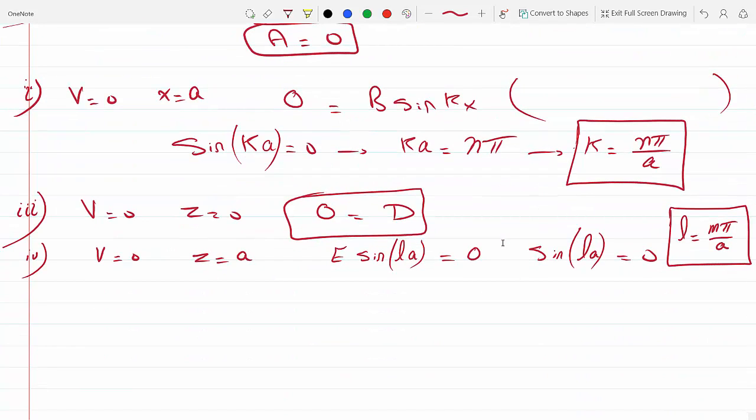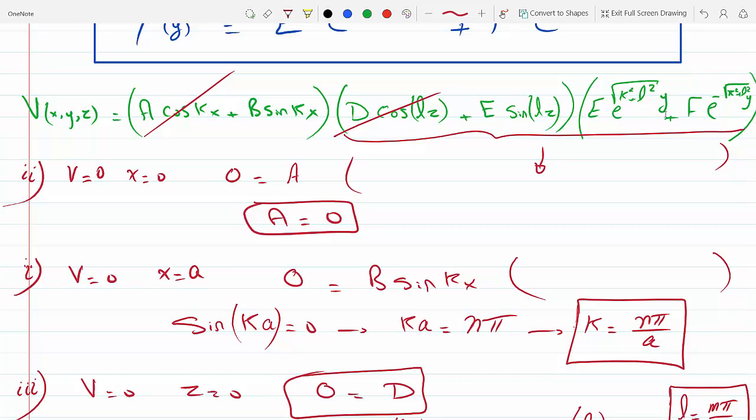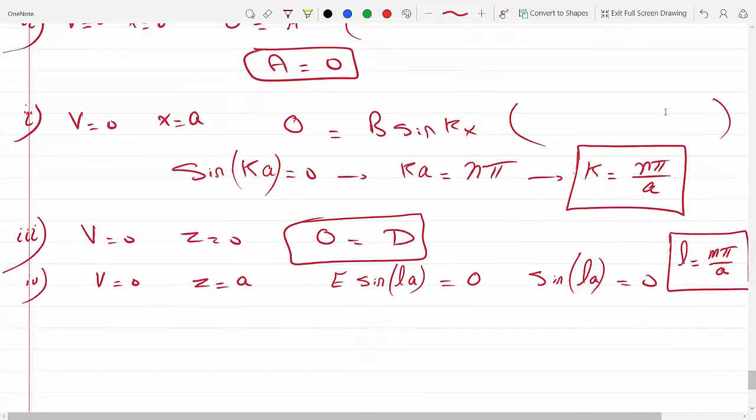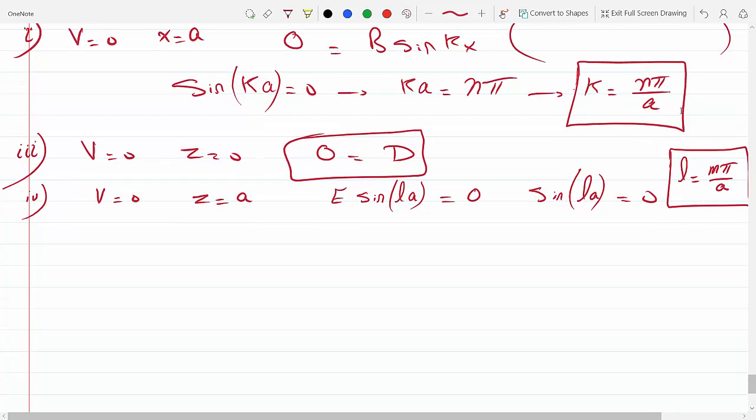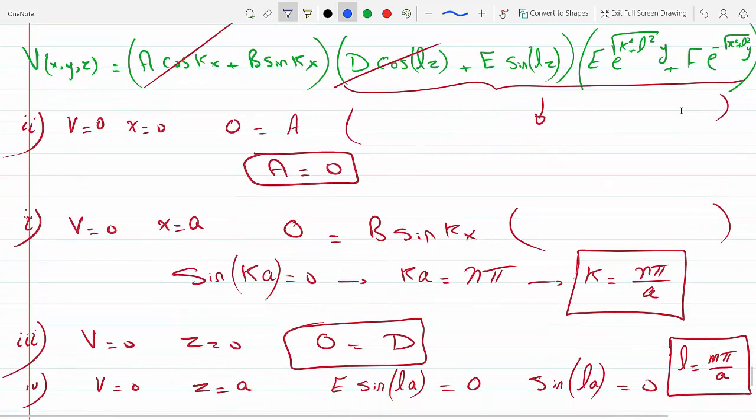Okay, let's write out what the y term is now that we know what k and l are. So far we know that V is a function of x, y, z. A is gone.